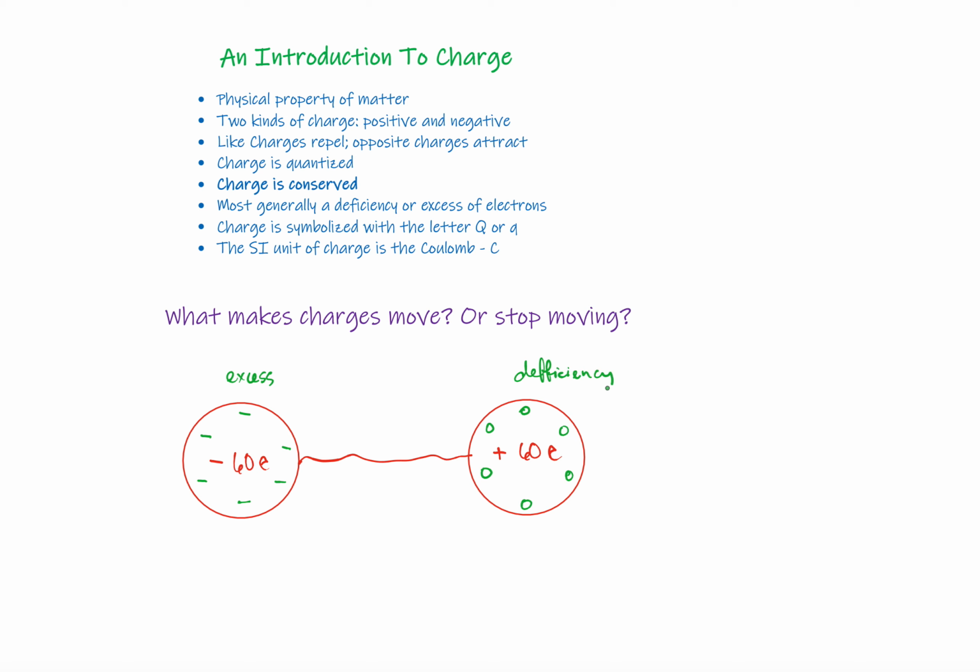Now, what we're going to do here is zoom in a little bit on the object. I'll draw a larger version of this, and we're going to take a look at this object over here with the 6 electrons, each making a total of negative 60.